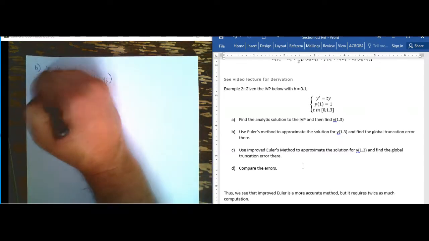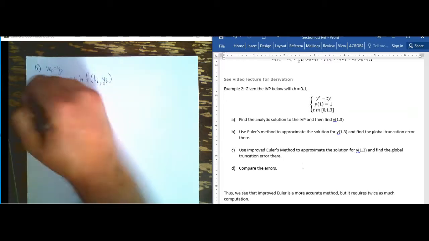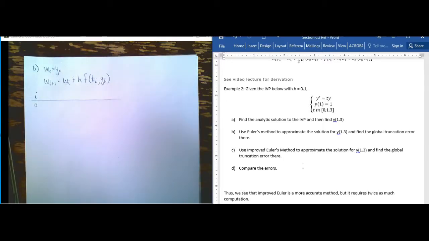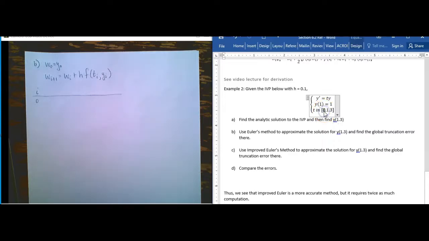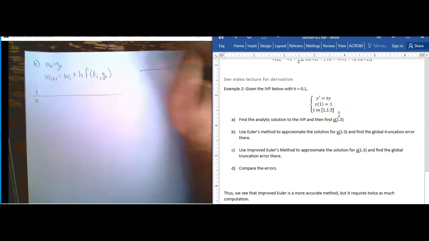All right, so let's do it. So let's say i is 0. Now, how many iterations are we going to need to do? Well, it depends on h and the interval that we're dealing with, right? So actually, let's change this to 1. So let's look at 1 to 1.3. So our initial condition should match the initial value here.